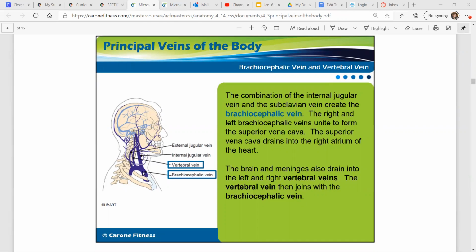The brain and meninges also drain into the left and right vertebral veins. And that vertebral vein then joins with the brachiocephalic vein. You can kind of see that happening in this diagram.